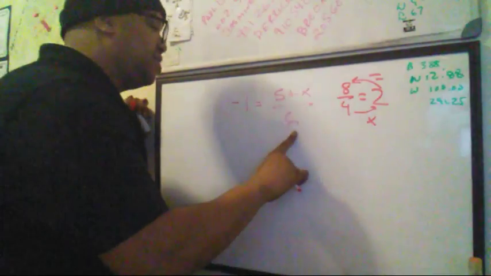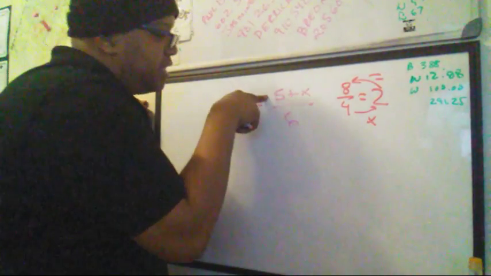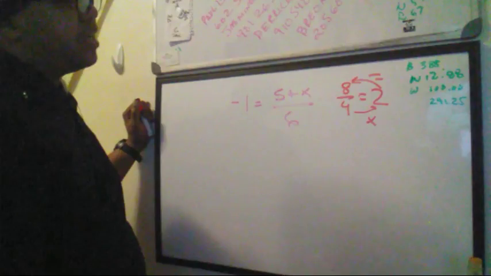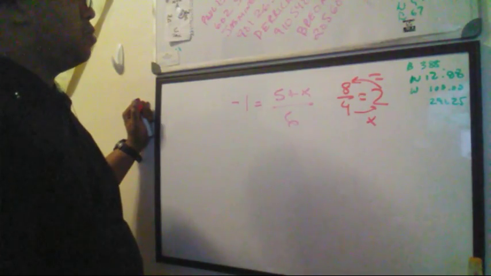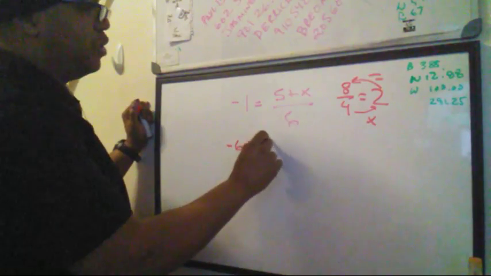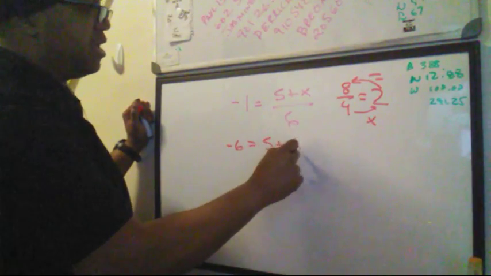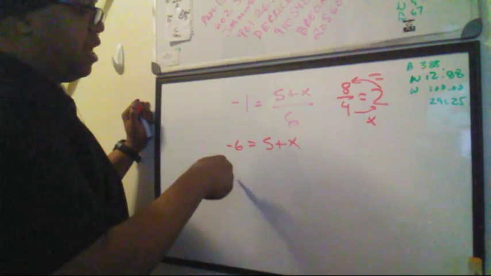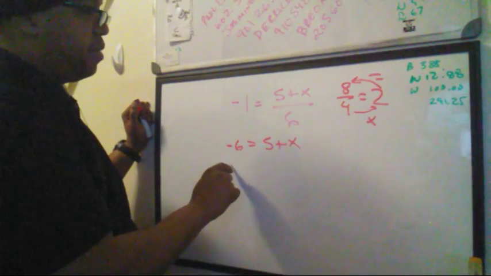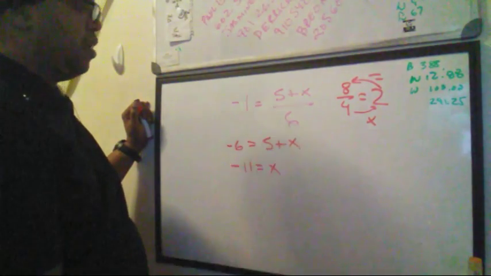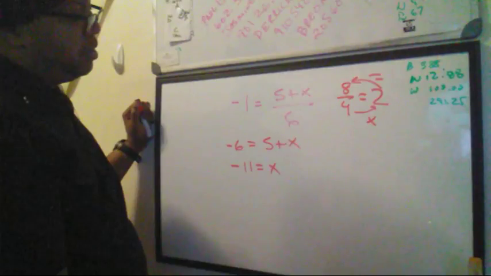So 6 times -1 is equal to 5 plus x. All right, so I would just set up an equation. -6 is equal to 5 plus x. 5 jumps to the other side, and then becomes -11, and that would be x.